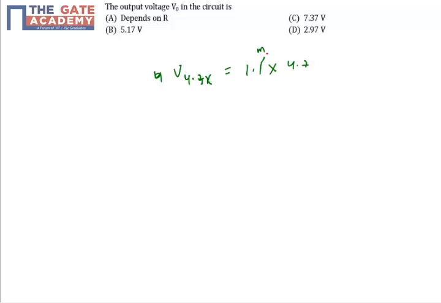It is milliampere and kilo ohm, so kilo and milli cancel each other. So 1.1 multiplied by 4.7 will be 5.17 volt. So the voltage drop across the 4.7 kilo ohm resistor is 5.17.